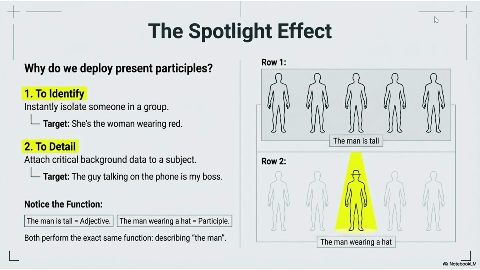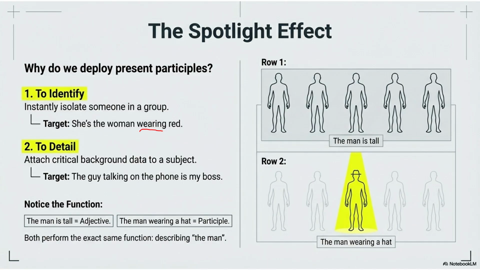Again, let's see this. Why do we deploy present participles? Why do we use them? Okay, to identify. Instantly isolate someone in a group. For example, she's the woman wearing red.